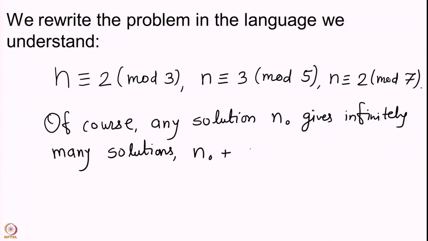We just take the product of 3 and 5, which is 15, and multiply it by 7 to get 105. So, the moment you have a solution n naught, adding any multiple of 105 will give you a solution, because n naught and n naught plus any multiple of 105 are going to be congruent modulo 105.